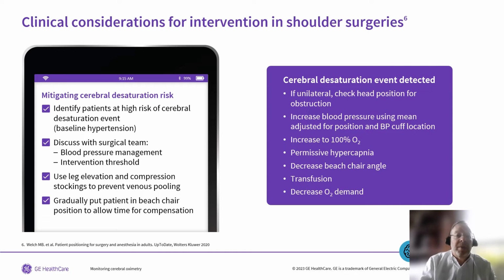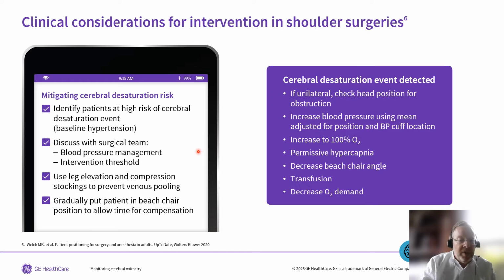So based on some of this evidence, what are the clinical recommendations for reducing the risk of cerebral desaturation? And then what can we do if desaturation occurs? Well, here are some of the recommendations for mitigating cerebral desaturation risk. First, identify patients who are at high risk of cerebral desaturation events, particularly those with baseline hypertension who may need a higher mean arterial blood pressure for adequate cerebral perfusion.